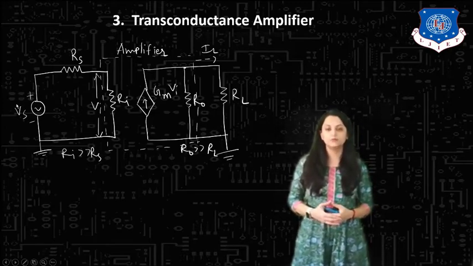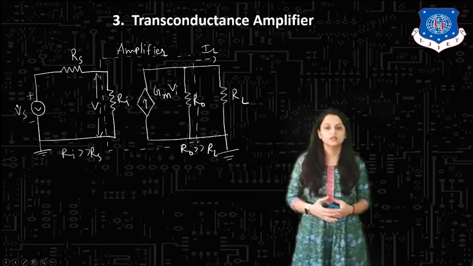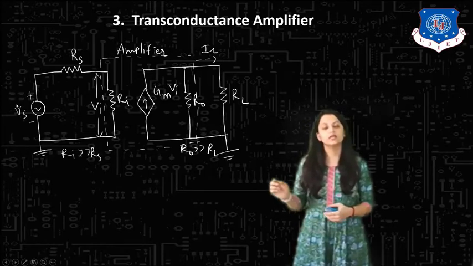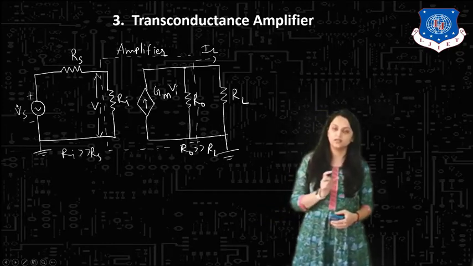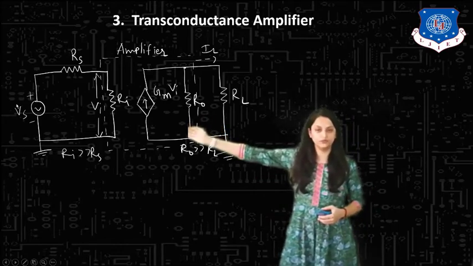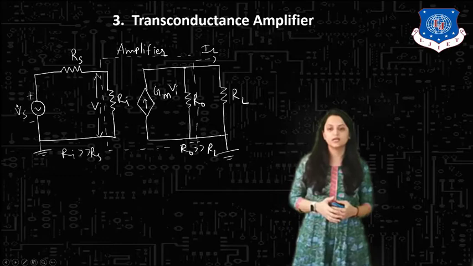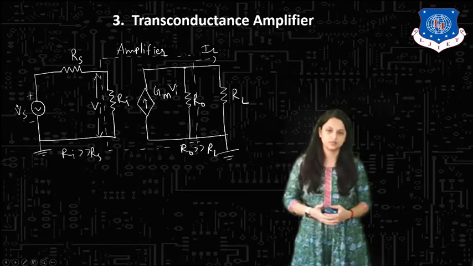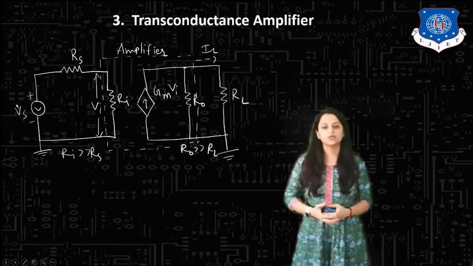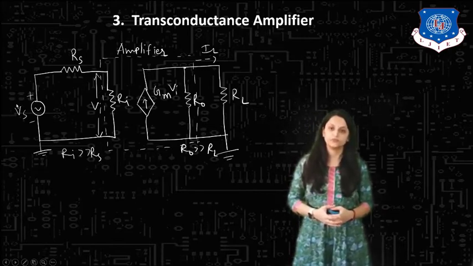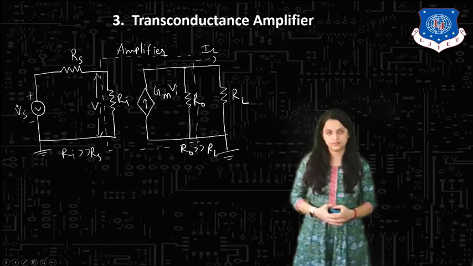So from the circuit diagram you can see that the source voltage is Vs, input resistance is Ri, source resistance is Rs, where input resistance Ri is very much greater than Rs. Here the current dependent source is Gm into Vi, where Gm is the transconductance, Ro is output resistance, and RL is the load resistance. Here output resistance Ro is very much greater than RL, that is load resistance. Okay, so this is a transconductance amplifier.